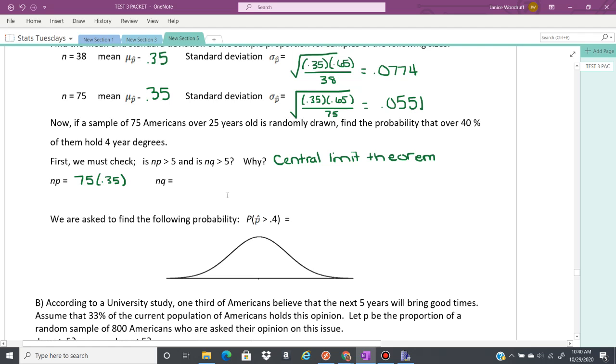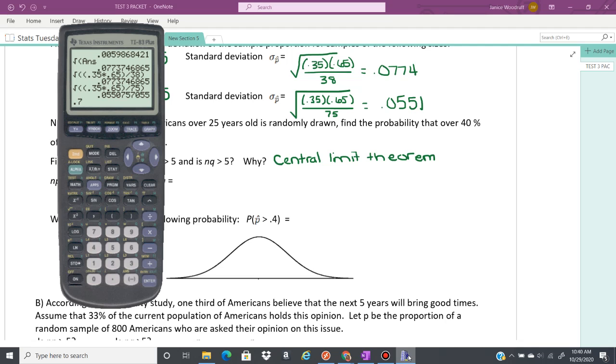That's 75 times 0.35, so 26.25. And NQ, 75 times 0.65, is 48.75.